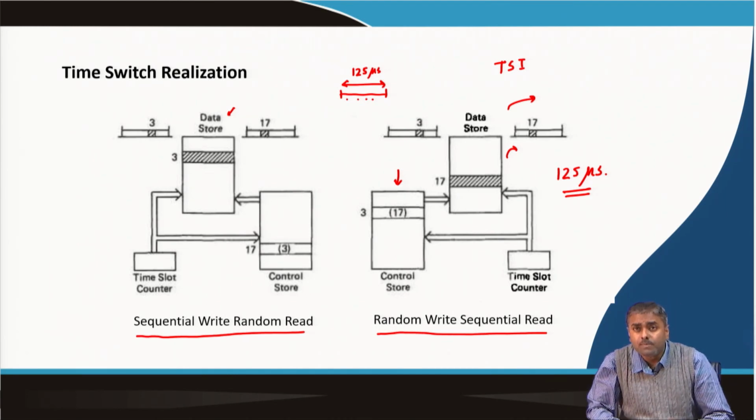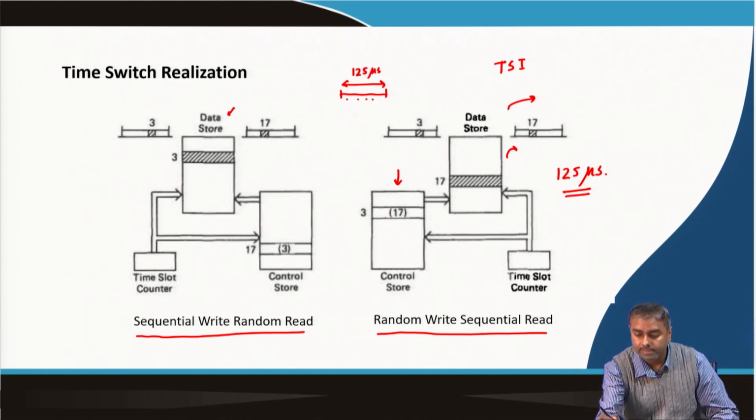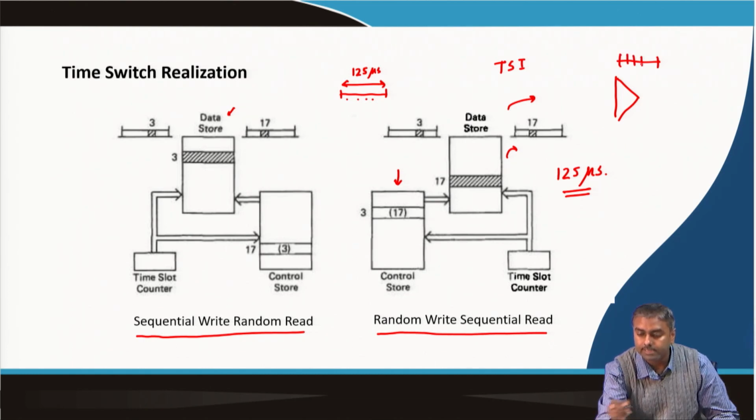Okay. Second thing, is there a limitation? Suppose this multiplexer size I can make very big, or the frame duration, or within the frame how many such things will be there.